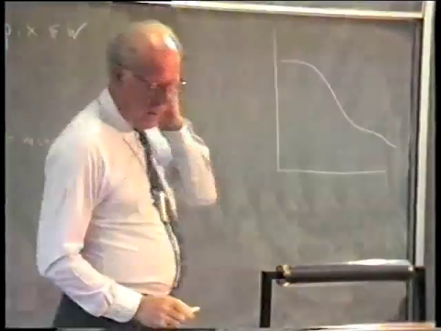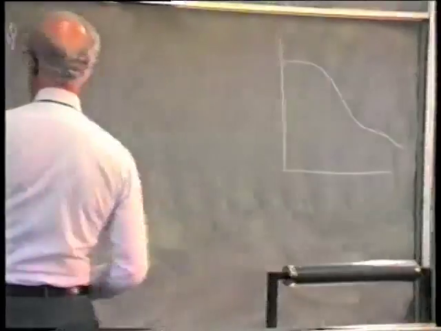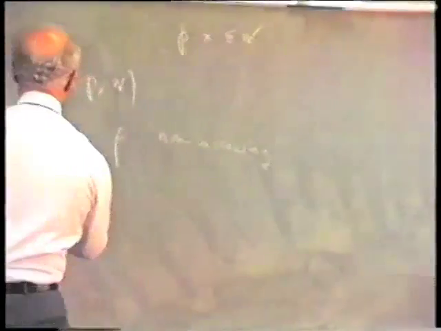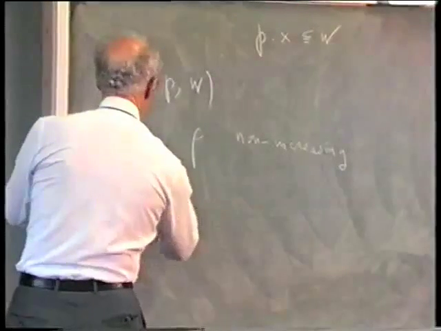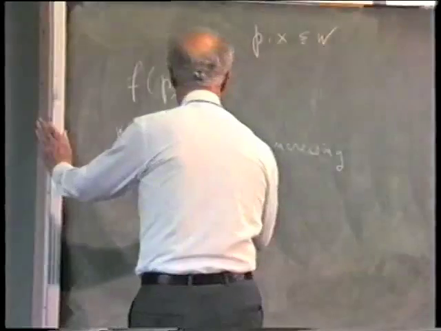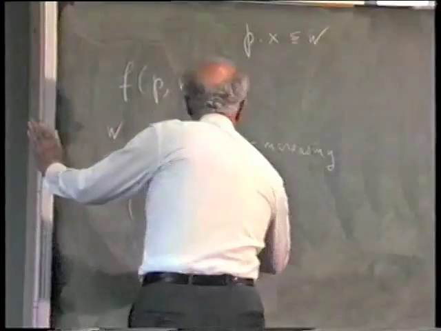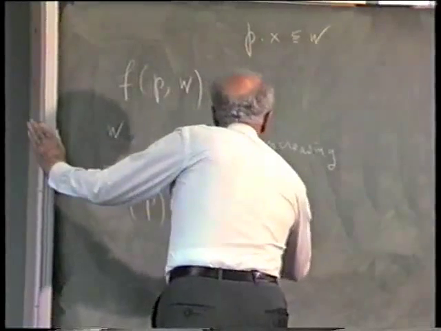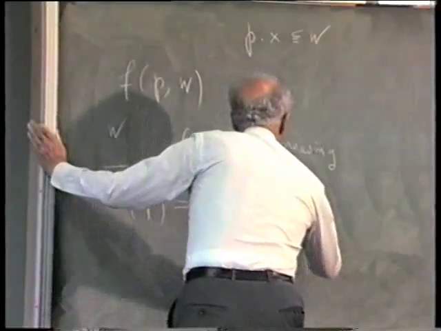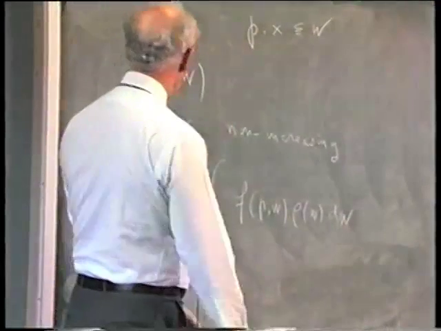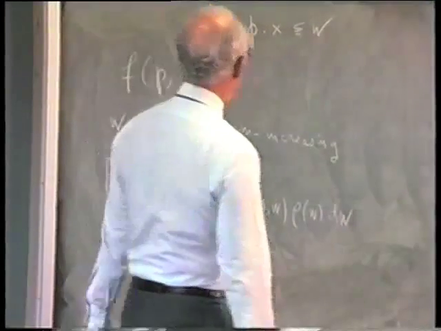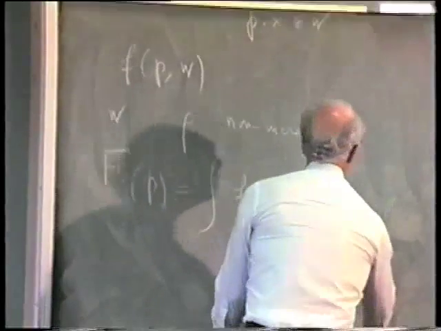And with these properties, if we denote the aggregate demand for the entire economy, which is now a function of P only, it will be equal to the integral of f(P, W) rho(W) dW, and you integrate over the real line, then this aggregate demand will have the strong property of monotony.